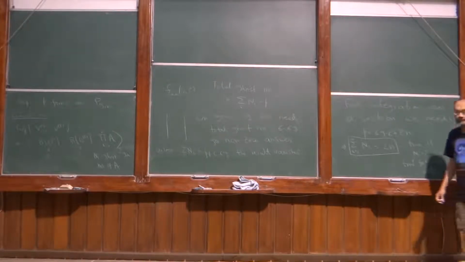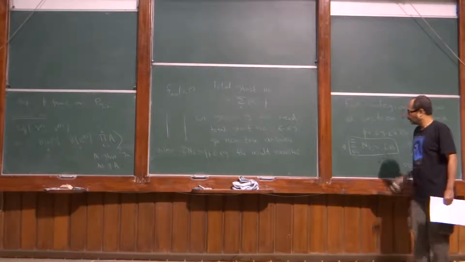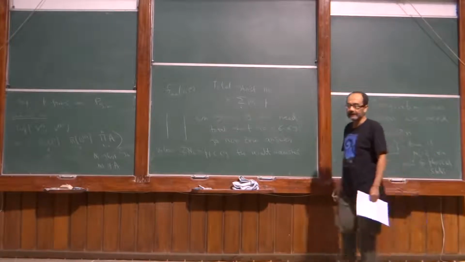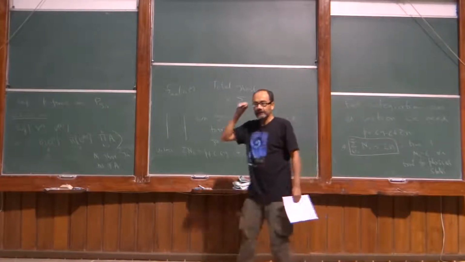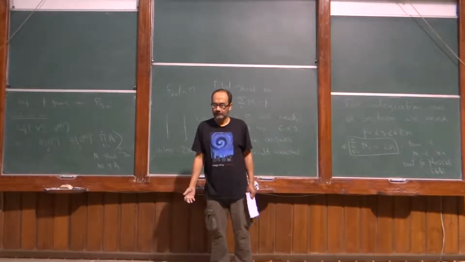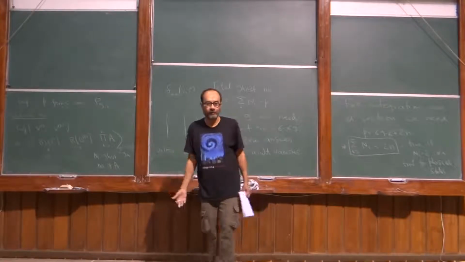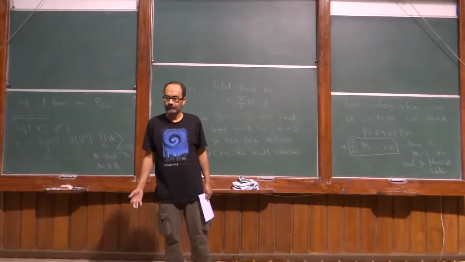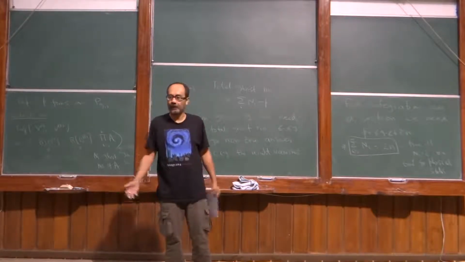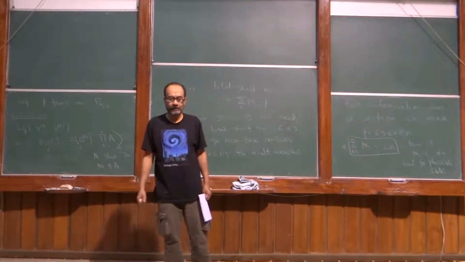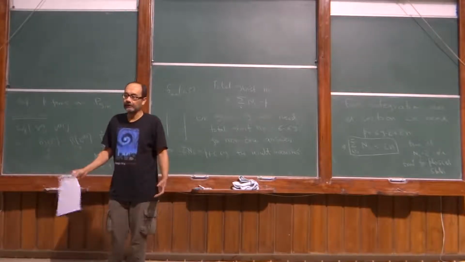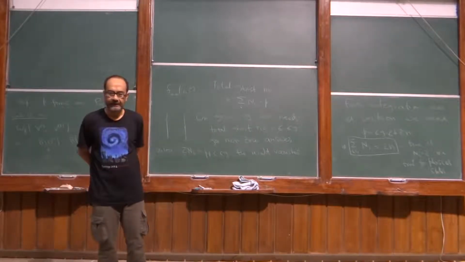So if the external states are physical, then in fact this procedure only tells you how to define a 6g minus 6 plus 2n form. You cannot define any other form for physical external states. Is this clear? Any other form will be 0 identically. That's the ghost number observation, which is of course consistent, right? For physical states, you want to define the amplitude, and this does satisfy the correct requirement.